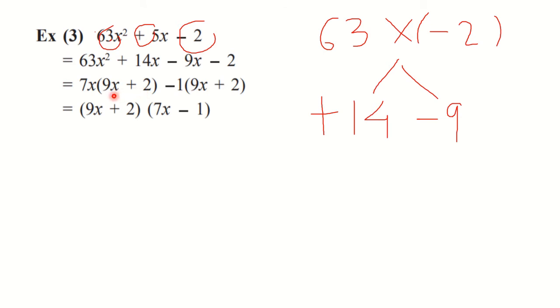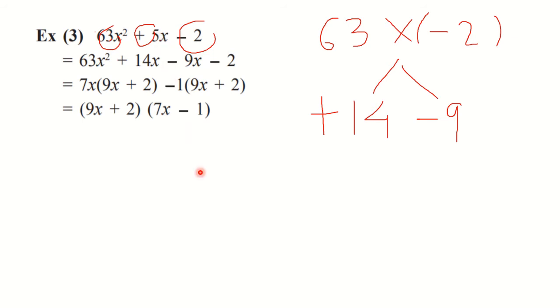And one more thing, always keep in mind that these two brackets are always the same. So that same bracket you will write as a single bracket down in the next step. And the remaining terms you will write in the second bracket. Okay, this way you are going to factorize it.